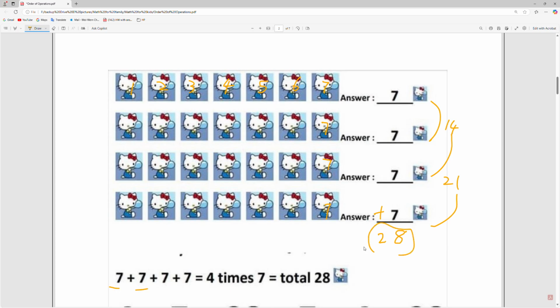So 7 plus 7 plus 7 plus 7, you can denote as 4 times 7 right now, and the total. So we just learned, or remind you of, the concept: 4 times 7 is the same number added 4 times.